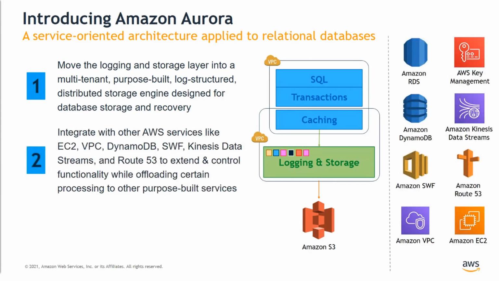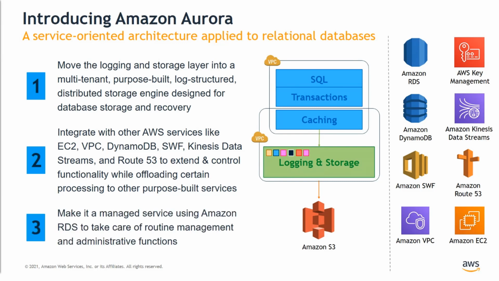Then we would integrate with other AWS services, things like key management for encryption, and Route 53 for DNS type services, and a variety of others, so that we could offload the database as much as possible from doing things that didn't service the core goal of database applications and high availability.